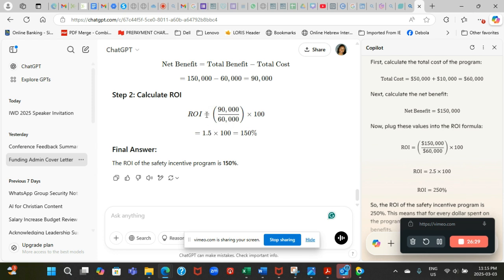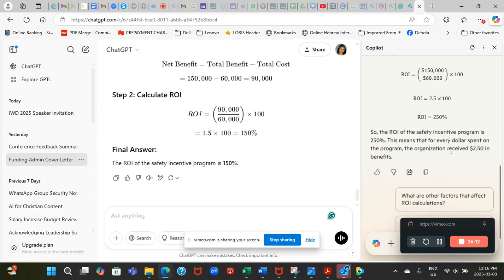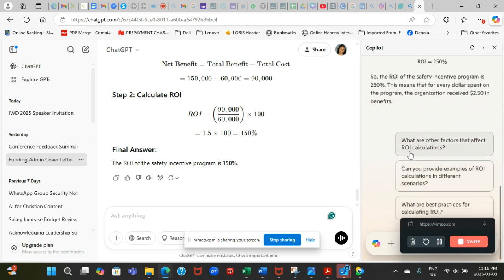So the calculation for ROI on ChatGPT is 90,000 divided by 60,000 times 100, which is 150%. That means the ROI of the safety incentive is $1.50 for every dollar spent. However, on CoPilot it says $2.50 for every dollar spent is our benefit, which is right.